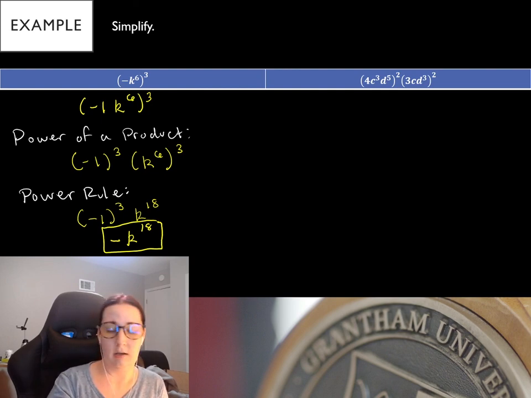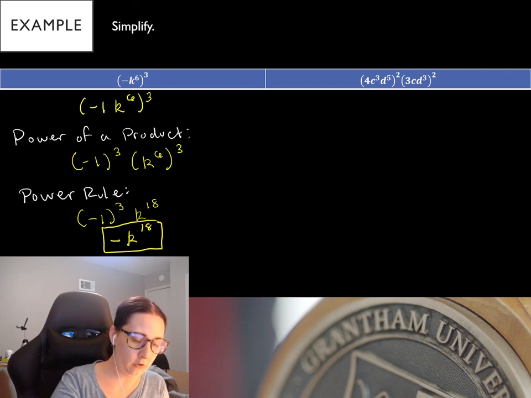So now on the right here, I've got a complicated thing going on, but the first thing we do in a problem like this is the power of a product rule. So that's what we're going to do.